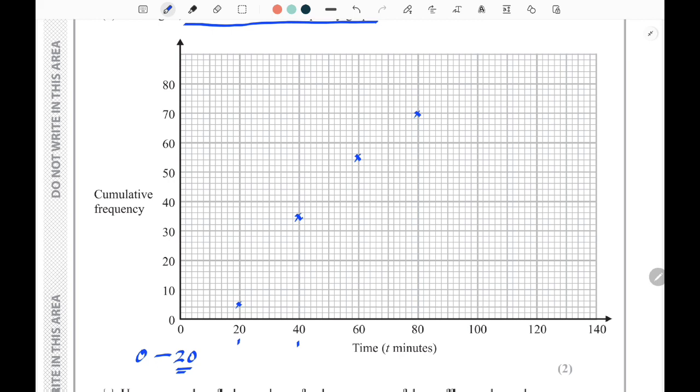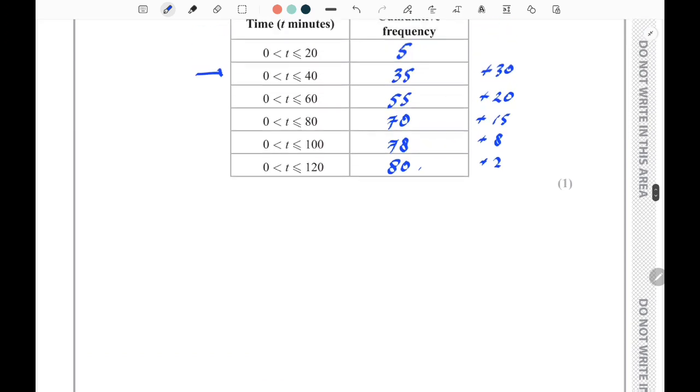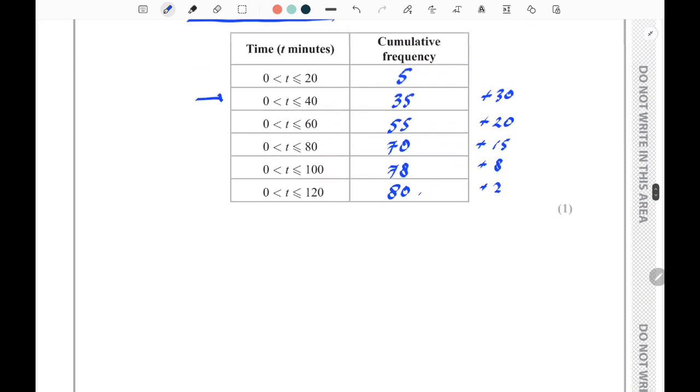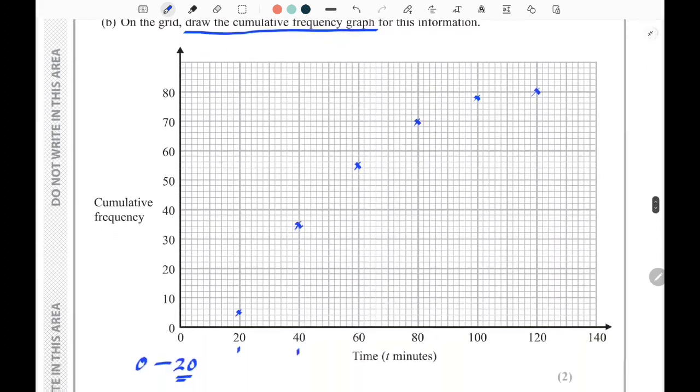At 100, we had 78, and at 120, it was a total of 80. Just to remind you, those are the values that we're using. So scroll back and forth if you need to, just to double check those.